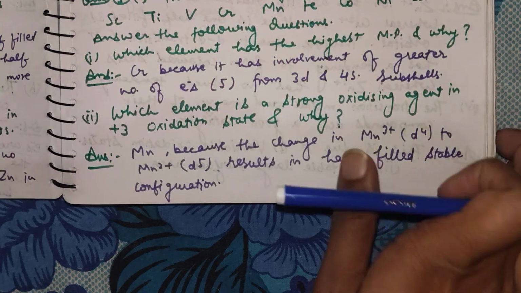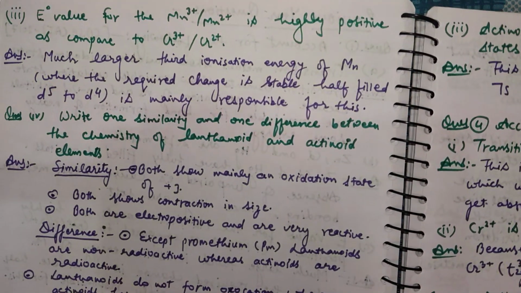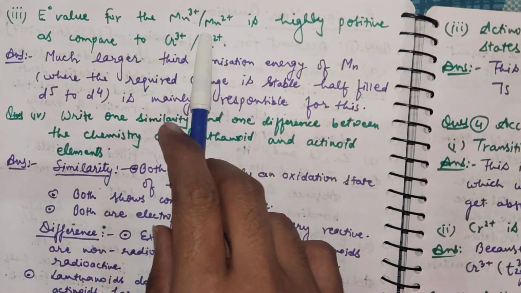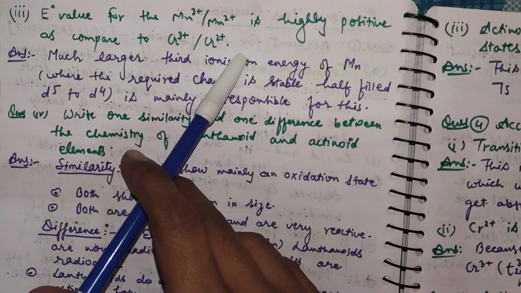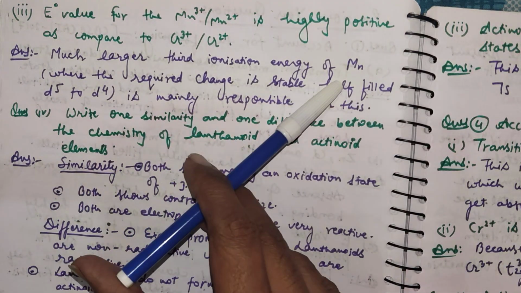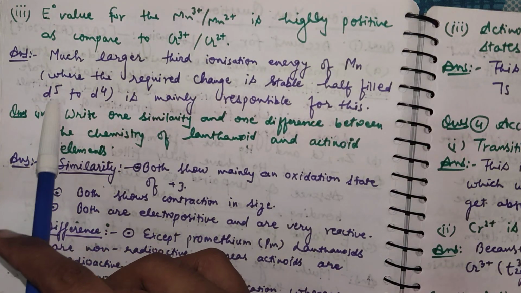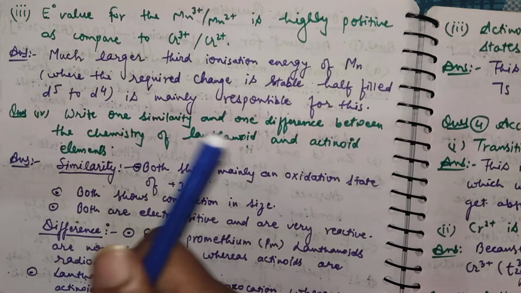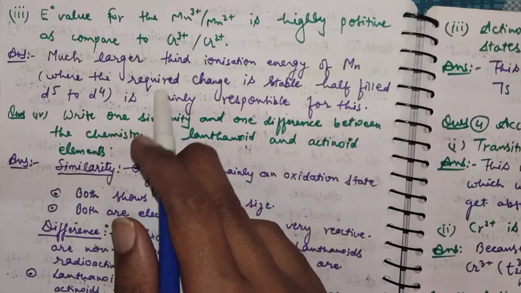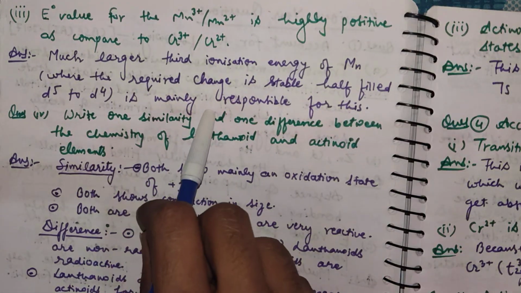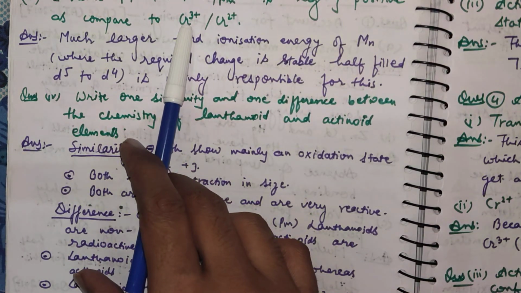So now come to the next previous question in this series, that E naught value for Mn3+ to Mn2+ is highly positive as compared to Cr3+ to Cr2+. Why does it happen? Much larger third ionization enthalpy of manganese, because I have told you earlier that d5 is a stable electronic configuration, with one electron in each orbital, called half filled, because each orbital is singly filled. Whereas the chromium electronic configuration is 3d5 4s1.